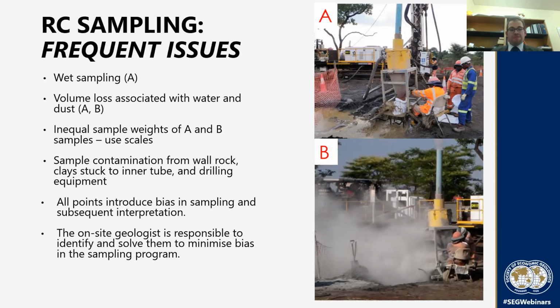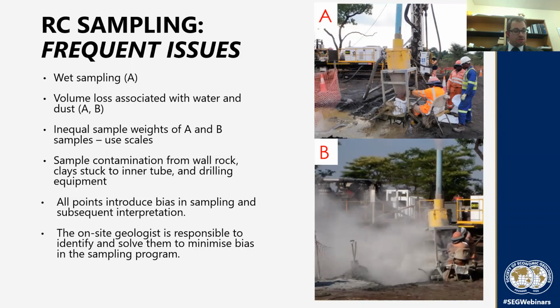But you can also have sample contamination from wall rock. So think that rock from higher up in the drill hole is falling down the drill hole and is then crushed and sent up again. Clay stuck to the inner tube. That could all introduce internal and external contamination that you as a geologist need to be aware of.